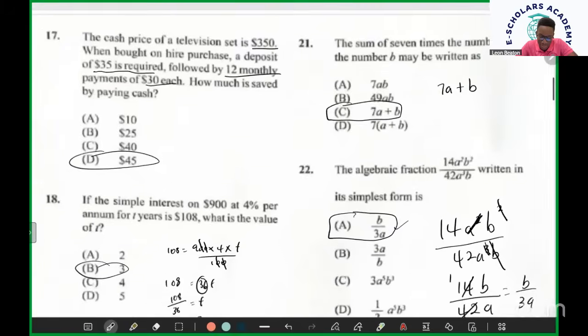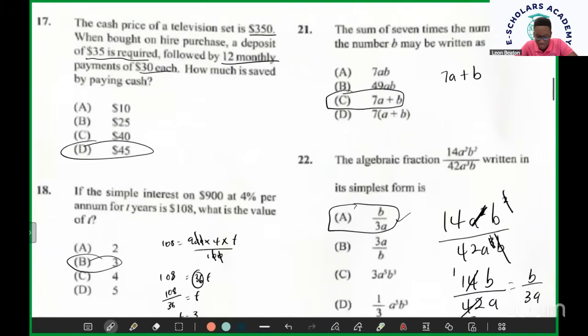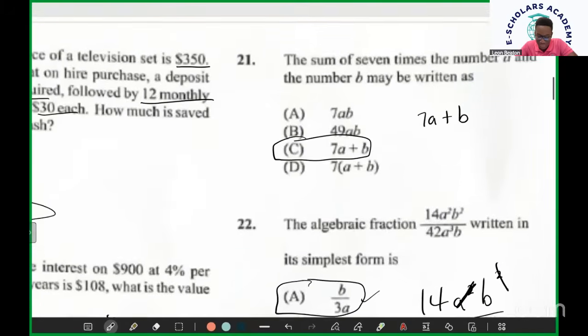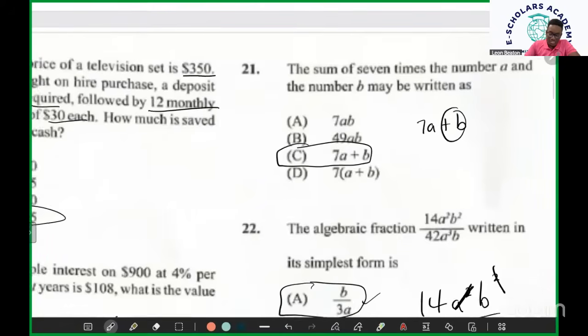Normally they would tell you the product of the number 7 times AB, and you go clear there. So 7 times the number A and the number B, yeah, that's good. C.